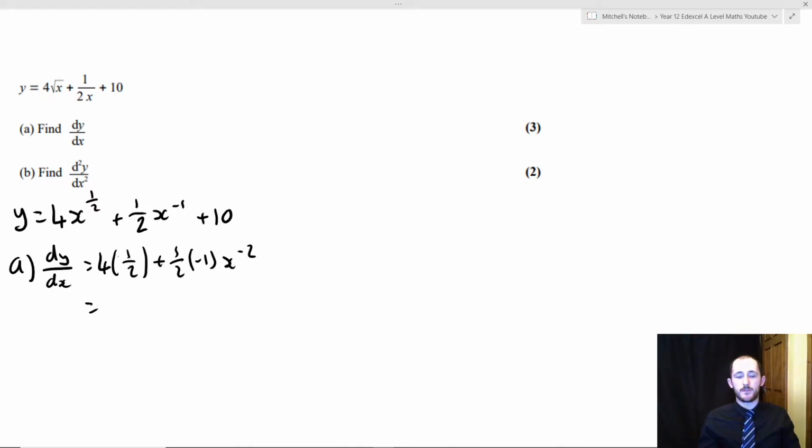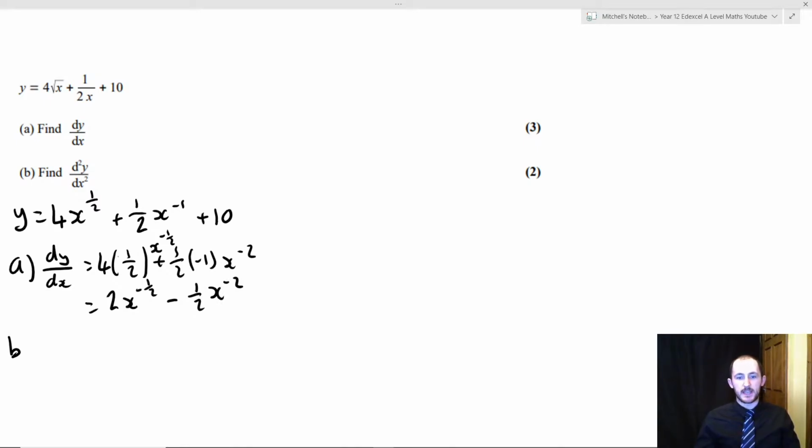So that would be 4 times a half is 2, so we have 2. I forgot to put the x to the power of minus a half, so 2x to the minus a half minus a half x to the minus 2 for 3 marks.